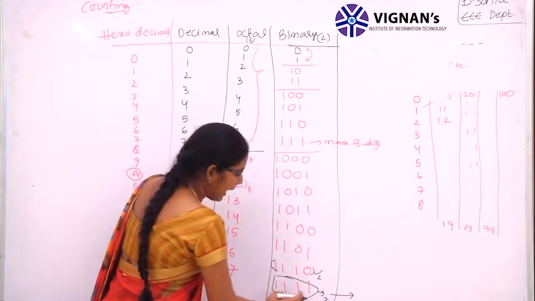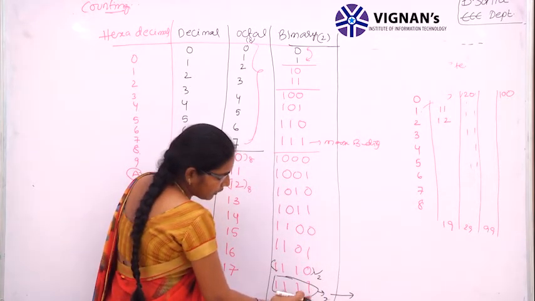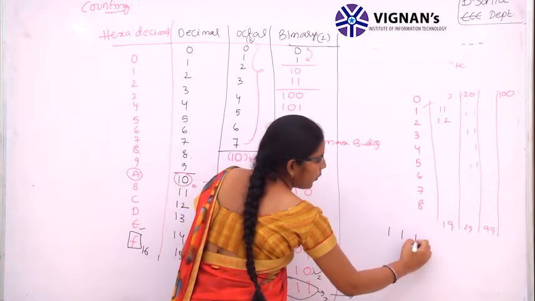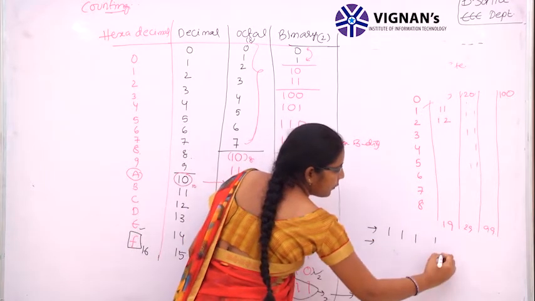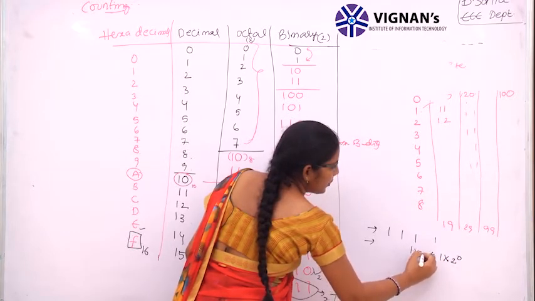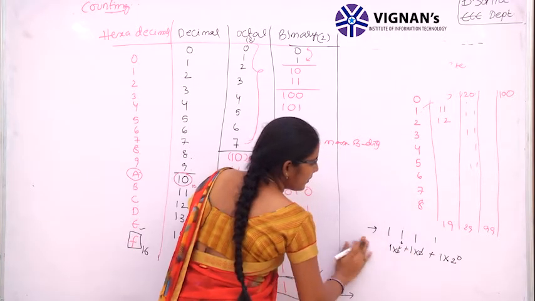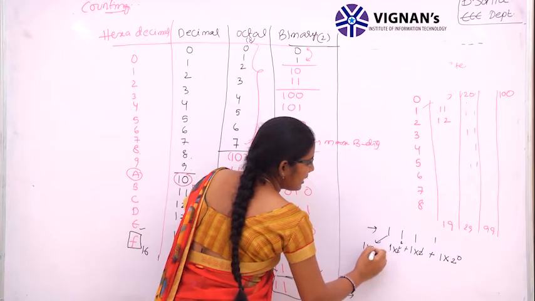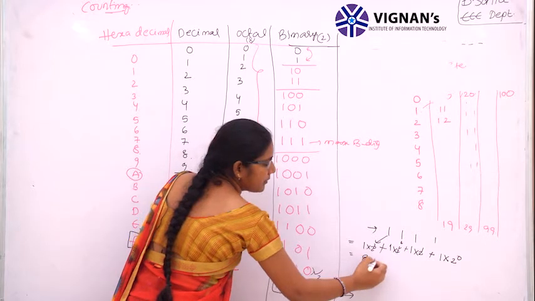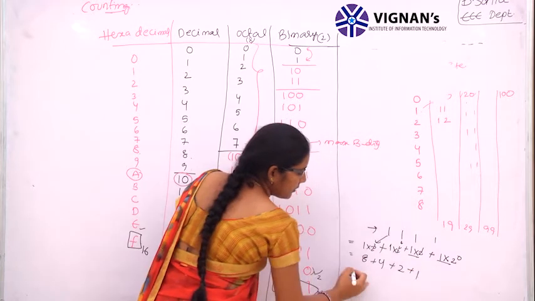So the positional weightage is nothing but each digit is multiplied by its base value. So 1111 is what? 1 with positional weight 2 power 0, plus 1 into positional weight 2 power 1. For this one, the positional weight is 2 square. For this, the positional weight is 2 cube. Then find the value, which is 8, 4, 2 plus 1.